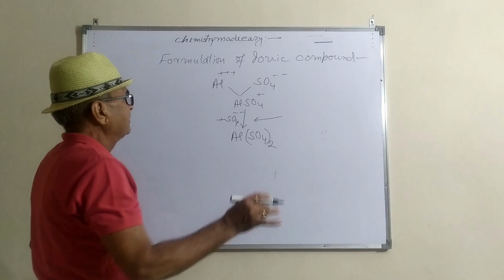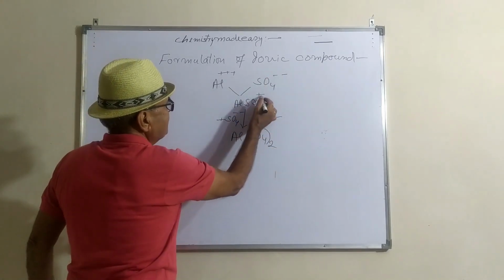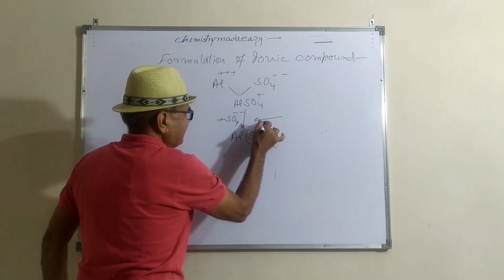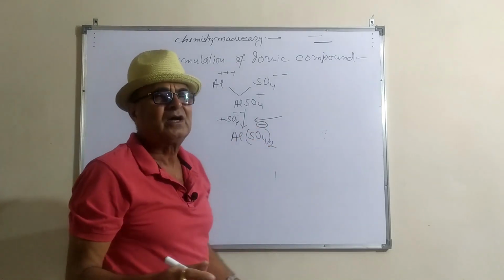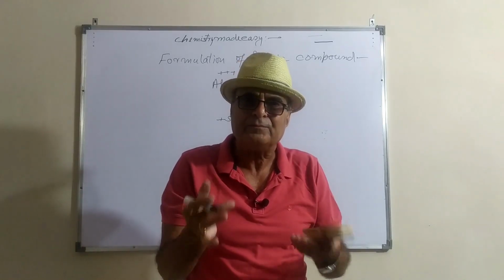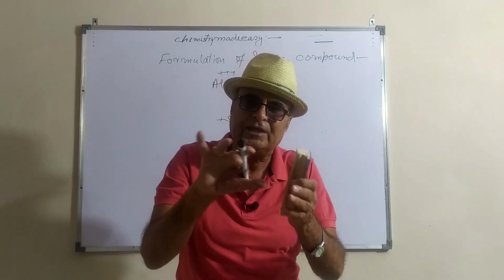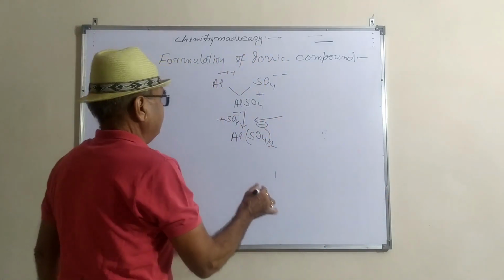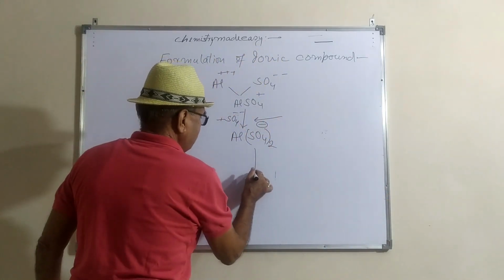Now consider the charge. Here is 1 positive, here is 2 negative, and here 1 negative will remain. Still, we can't equalize their charges. Our aim is to equalize the charge, so it is not yet. Again, what will happen?